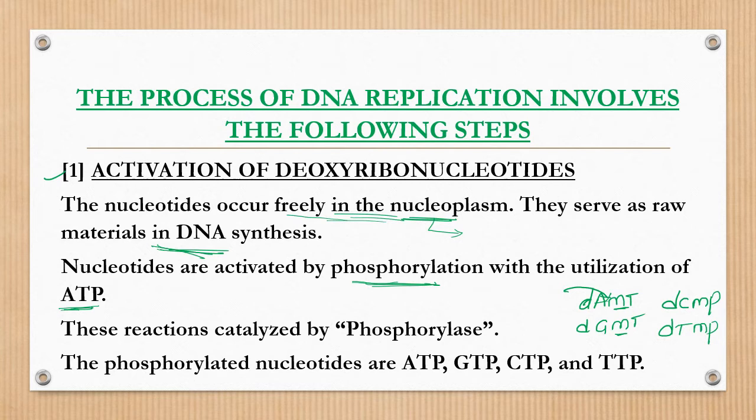Then they become triphosphates: deoxyribo adenine triphosphate, deoxyribo guanine triphosphate, and likewise the CTP and TTP nucleotides, due to phosphorylation. This addition of phosphate to the monophosphates of nucleotides is catalyzed by the phosphorylase enzyme.